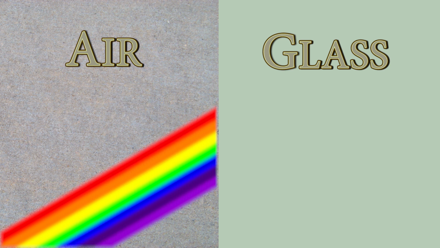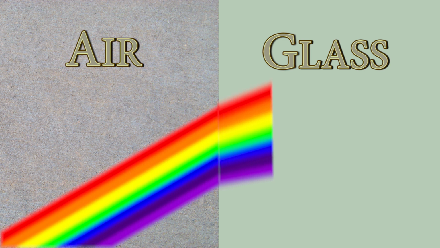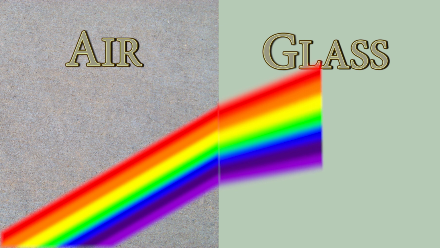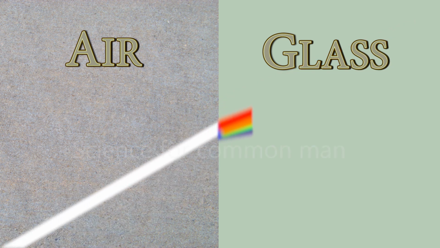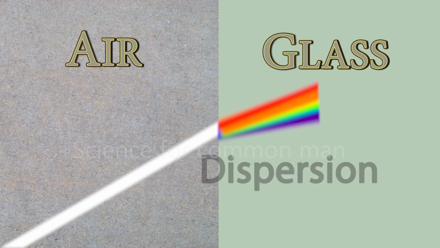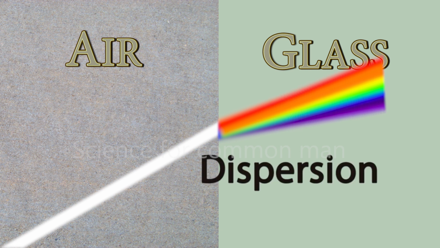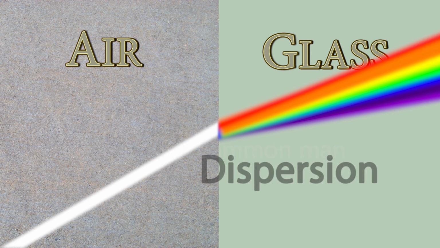Now the different people with different leg lengths find different easiest ways in the new medium. As a result, this flock of people diverges and the white light splits into different colors based on the wavelength, or the leg length of the people. This phenomenon is called dispersion.